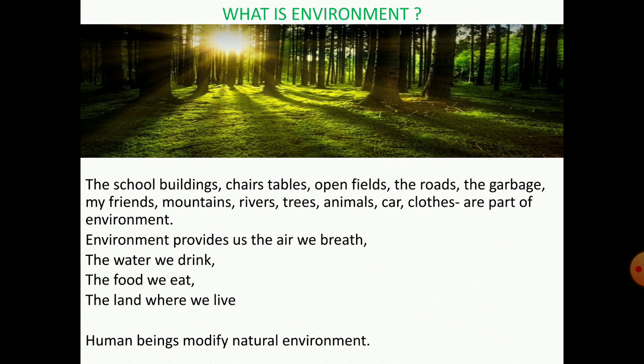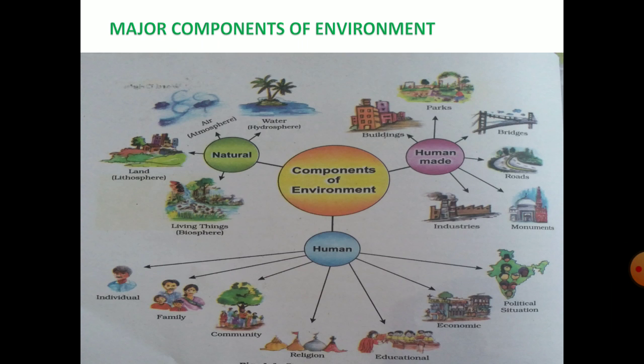The environment provides us air, water, food, and land, and human beings modify the natural environment, like when they discovered the car, pots, and vessels. They also established factories. So they modify the environment.